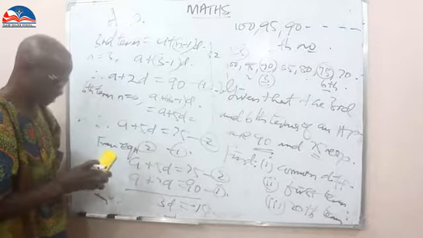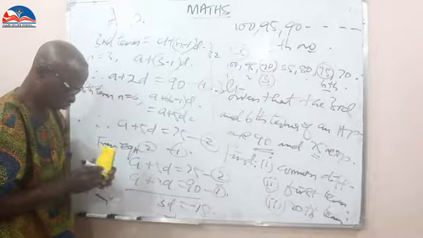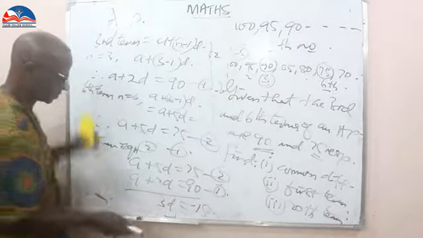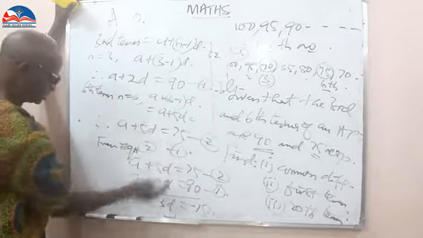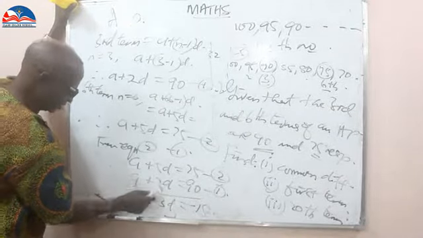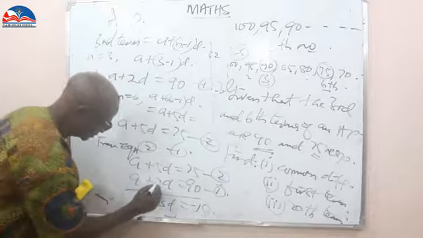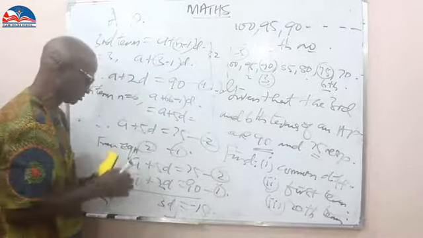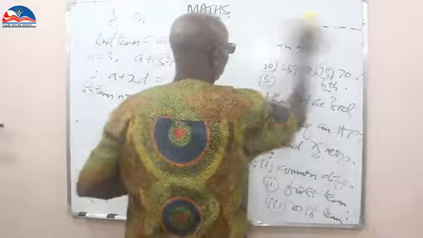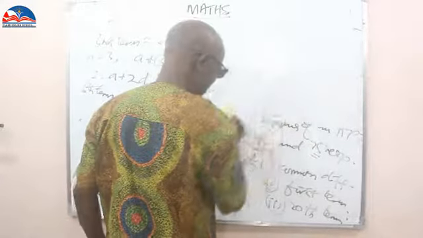Again, from equation 2, subtract equation 1. The A's cancel, and this gives me 3D equals 75 minus 90, which is minus 15. Let's solve for D now. The first thing to find is the common difference.